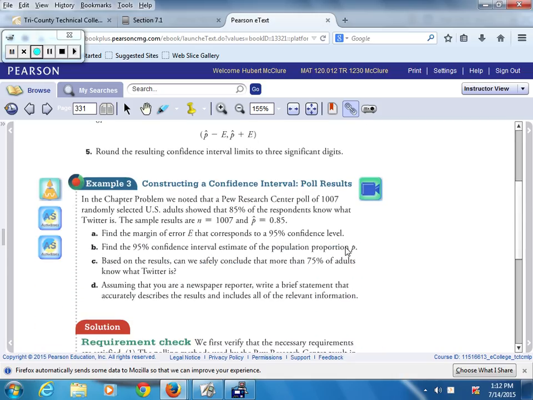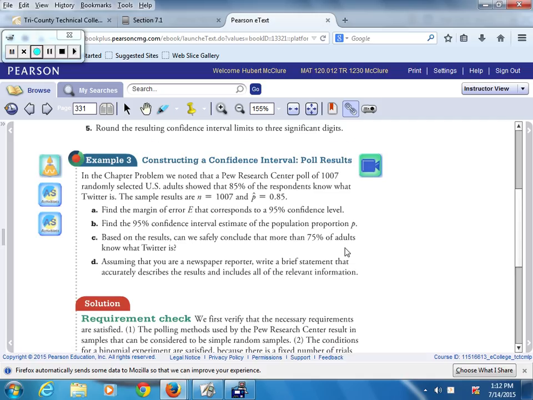All right, here's one. It says, in the chapter problem, we noted that a Pew Research Center poll of 1,007 randomly selected U.S. adults. Well, what's N? 1,007. It just said that. So that's your sample size.